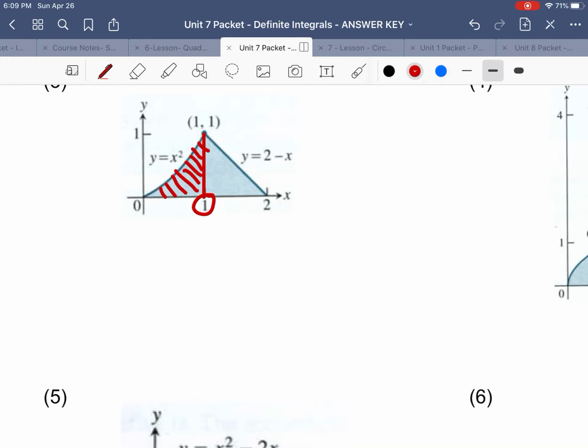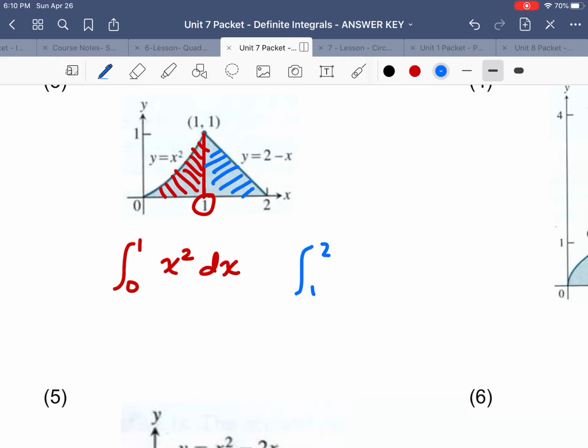Okay, so I'm looking for area between the function and the relevant axis. All right, so I'd be looking for the integral over the interval of 0 to 1 of x squared dx.